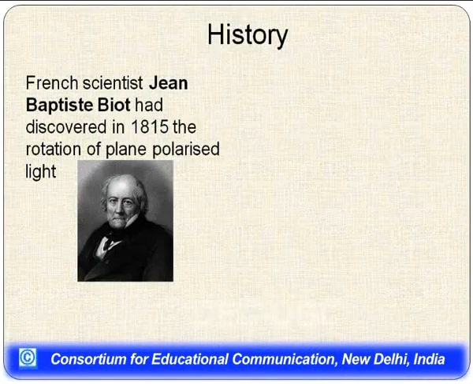And you would be surprised to see a few facts here. First of all, as you can see on the slide, there was a scientist, as I have already told you, Jean-Baptiste Biot. He was a French scientist who discovered that plane polarized light rotates when it interacts with certain types of molecules.